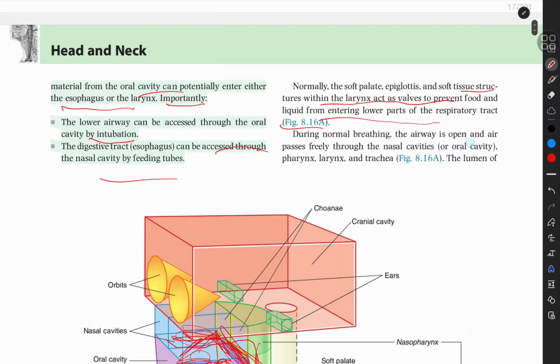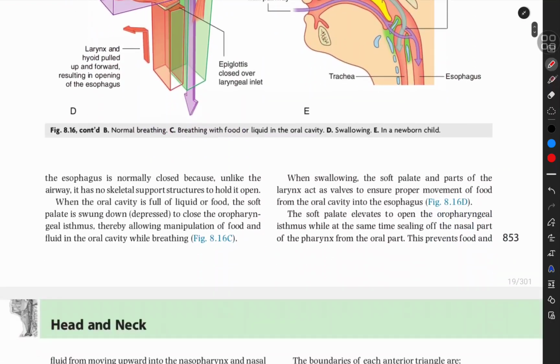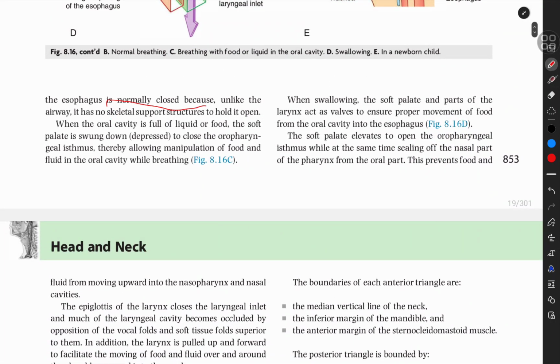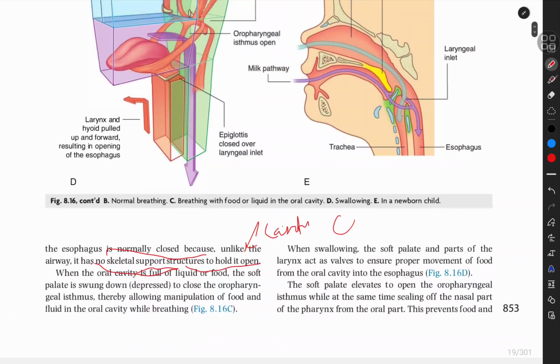During normal breathing, the airway is open and air passes freely through the nasal cavities or oral cavity, pharynx, larynx, and trachea. The lumen of the esophagus is normally closed because, unlike the airway, it has no skeletal support structures to hold it open. The trachea has cartilaginous C-shaped rings.